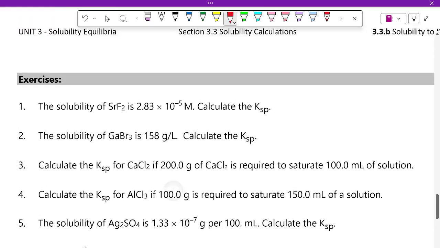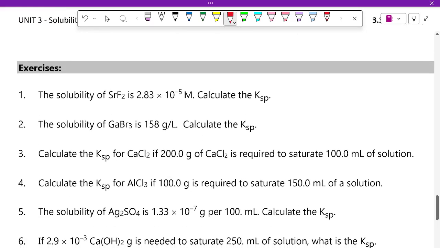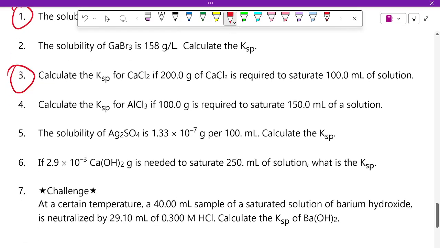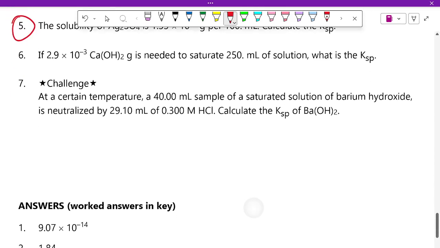Let's do the odd numbers. Okay, 1, 3, 5, and if you want to do the challenge, you can do the challenge. Ooh, it's got a titration in it.